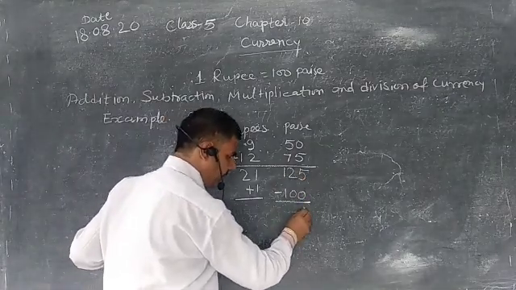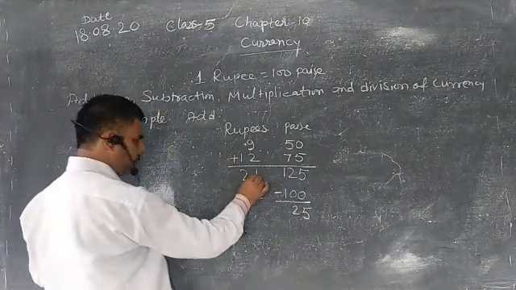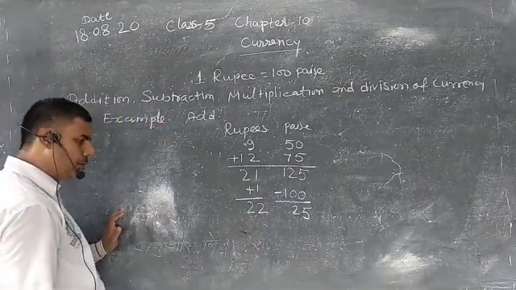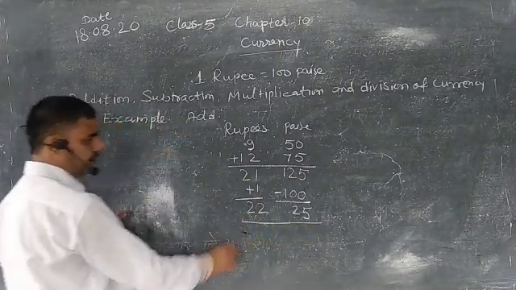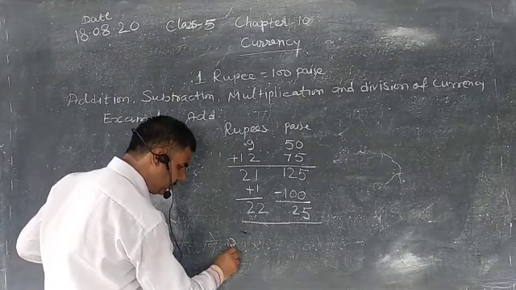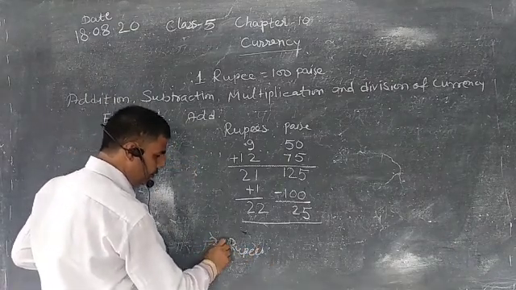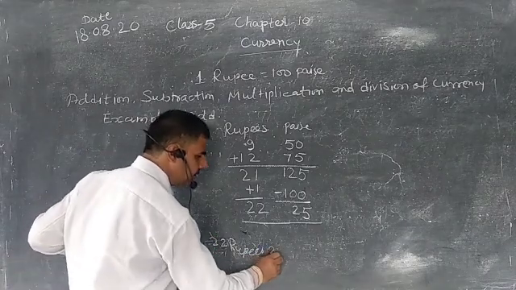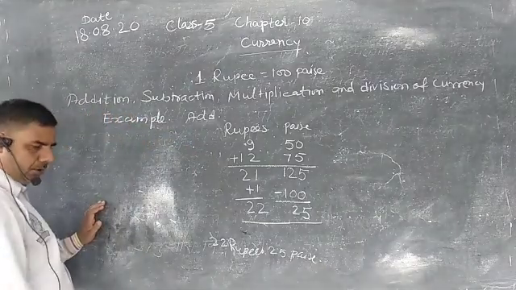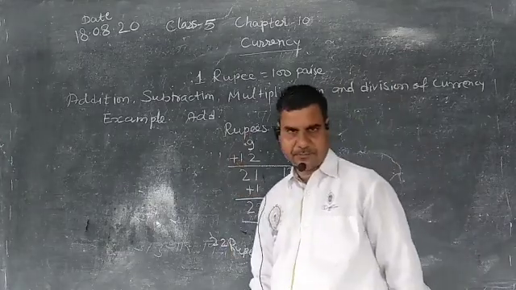Then this is 25 paise and this is 22 rupees. And our answer is 22 rupees and 25 paise. In this manner, we can add currency.